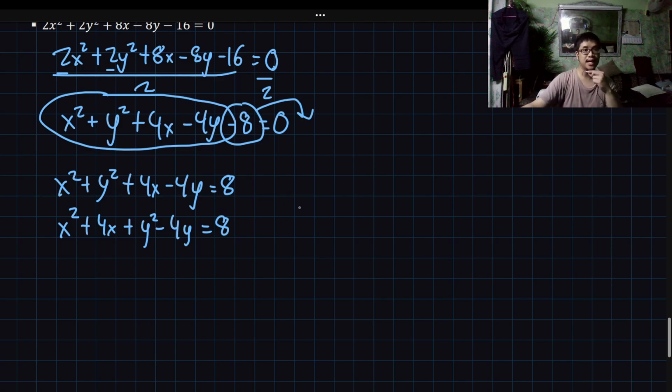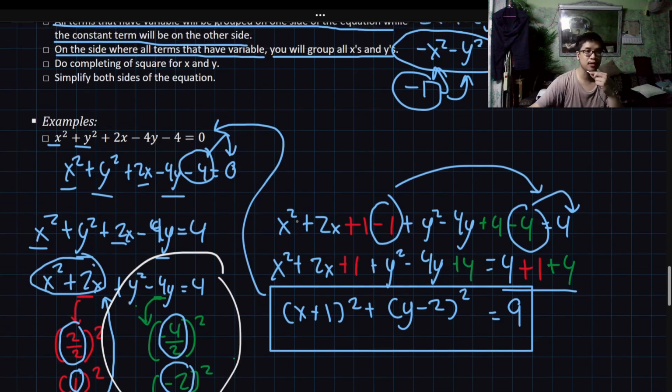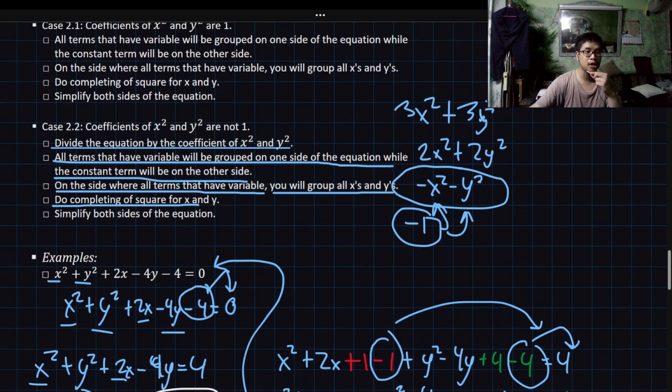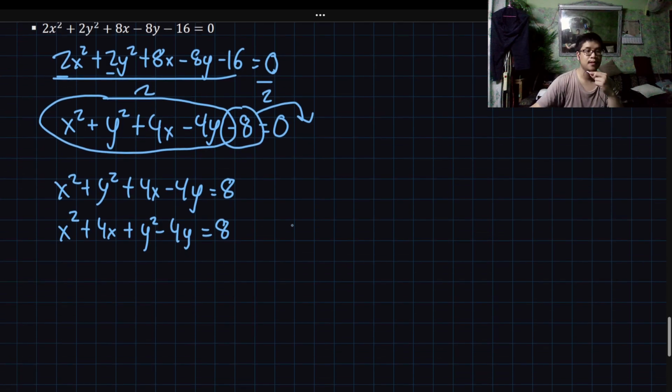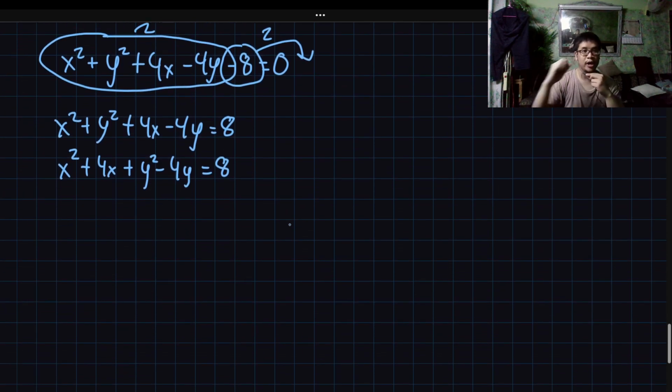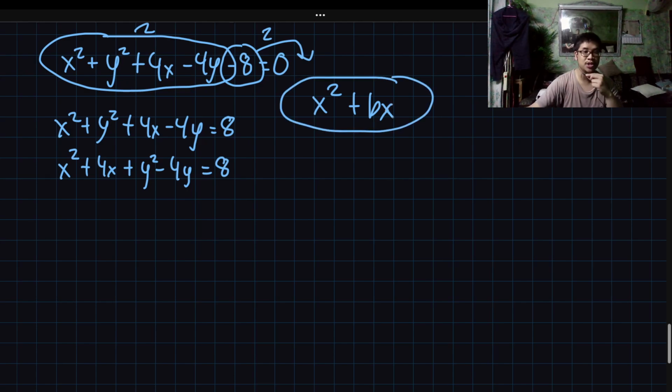That's it. Then the next step is, if you remember, you will do completing the square. So how to do that? Make sure again that it looks like this: x squared plus bx. It always looks like this: a squared term and a first degree term.